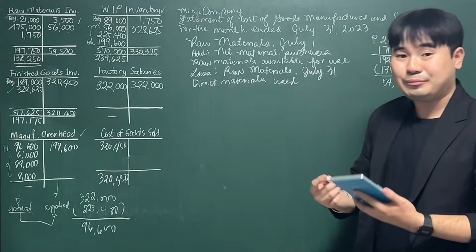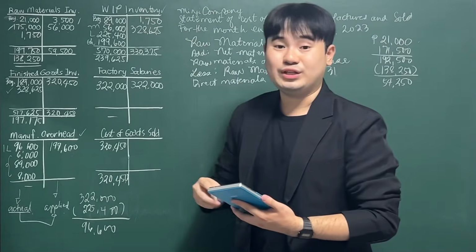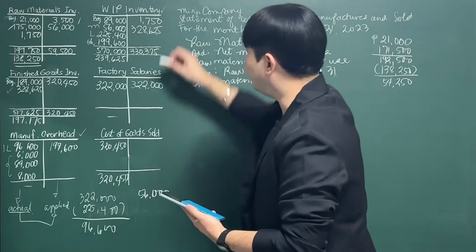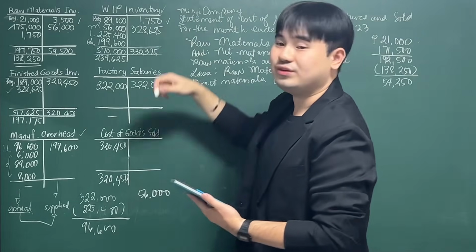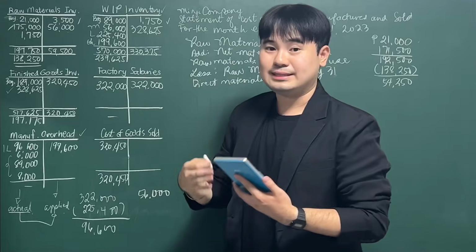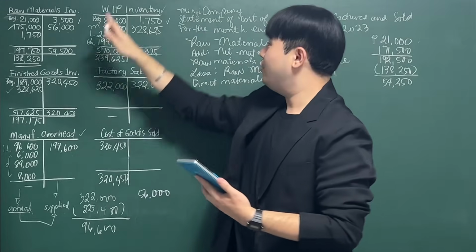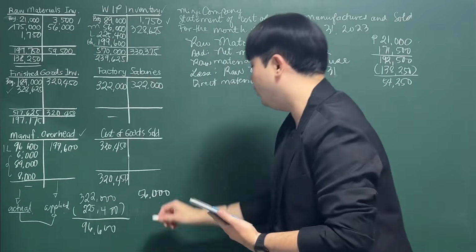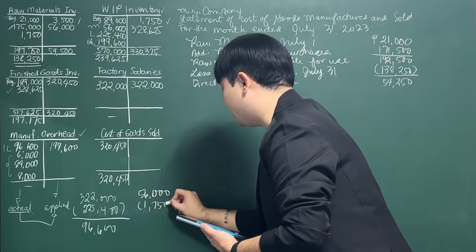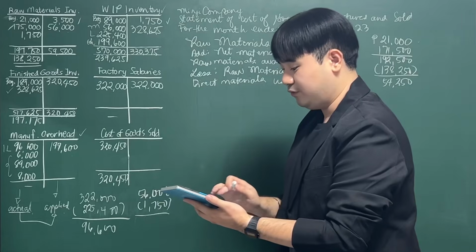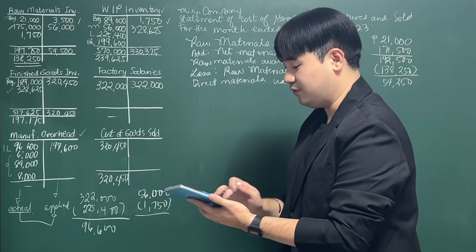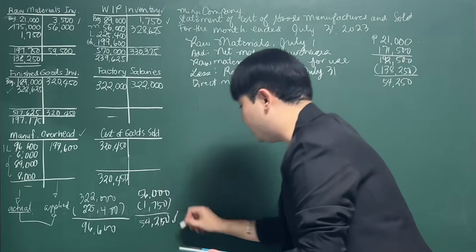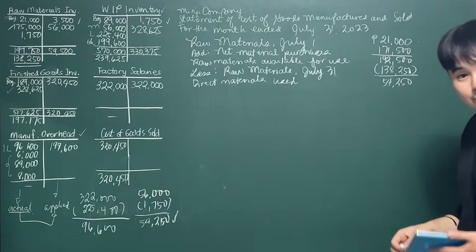How much is the debit in the work in process inventory for materials? 56,000. However, remember that you have 1,750 that is excess materials that was brought back from the inventory going back to your raw material stock room, which is 1,750. So 56,000 minus 1,750 gives you 54,250. And this is your direct materials.